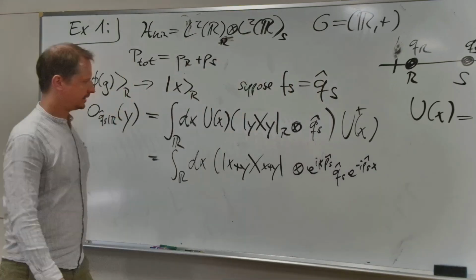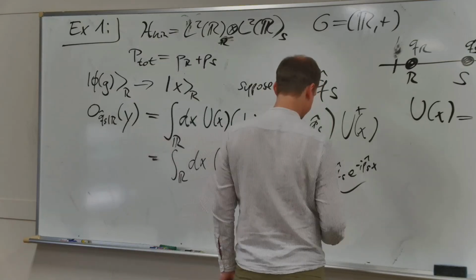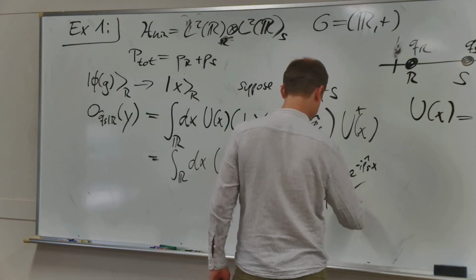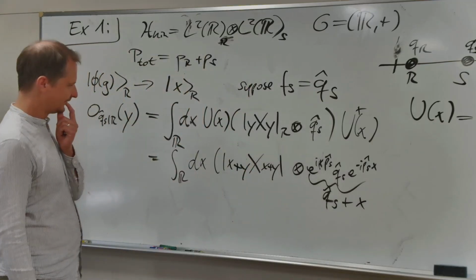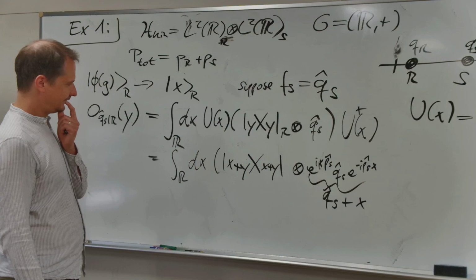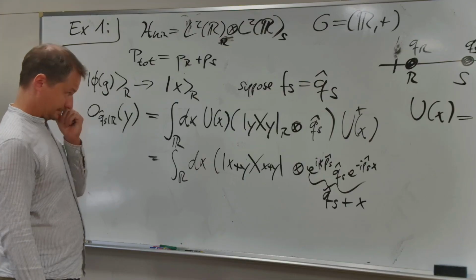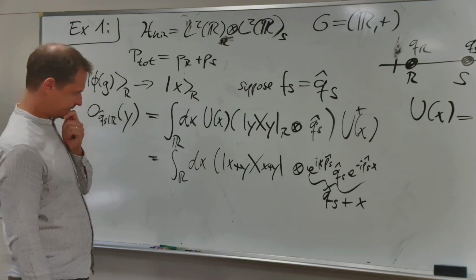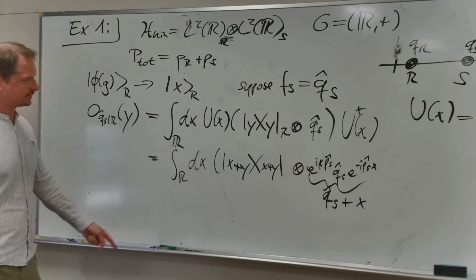So that's what we have. Okay, I hope I'm not making a sign error now. This is QS plus or minus x. Minus, actually. Okay, I'm probably going to get the sign wrong.